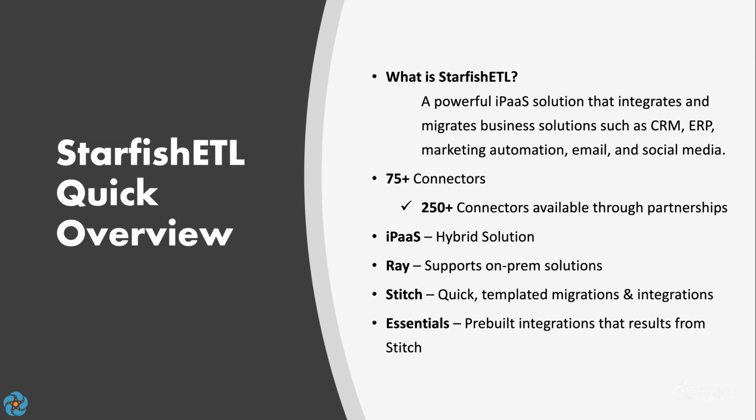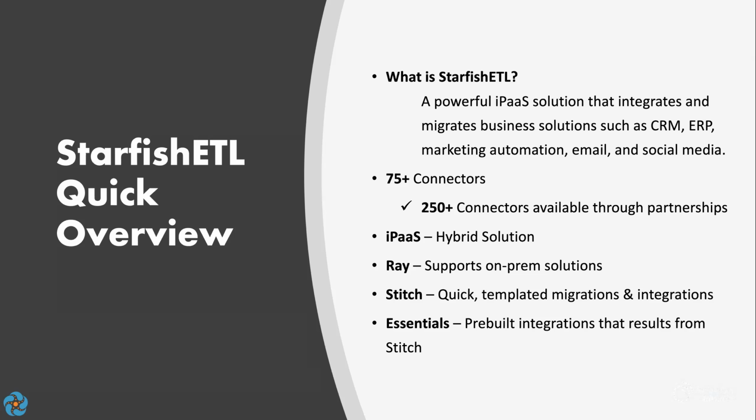We also have a product called Stitch that comes, again, with our development environment. What that does is it can rapidly develop an integration based on a software pattern that we have defined. So if we define marketing automation to CRM, and you want to add a new marketing automation solution, you don't have to go through all the work of building out all the maps.